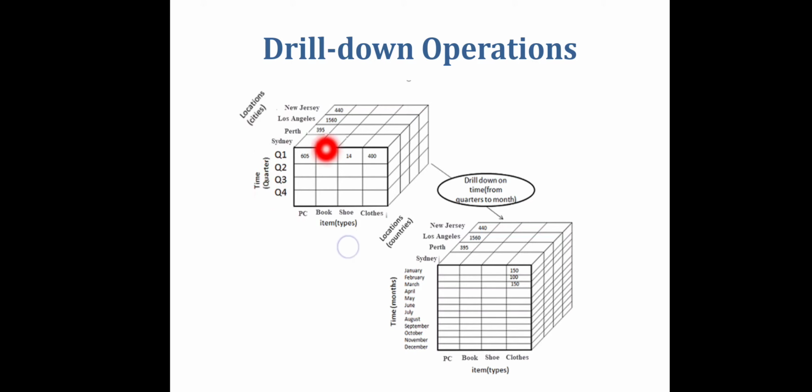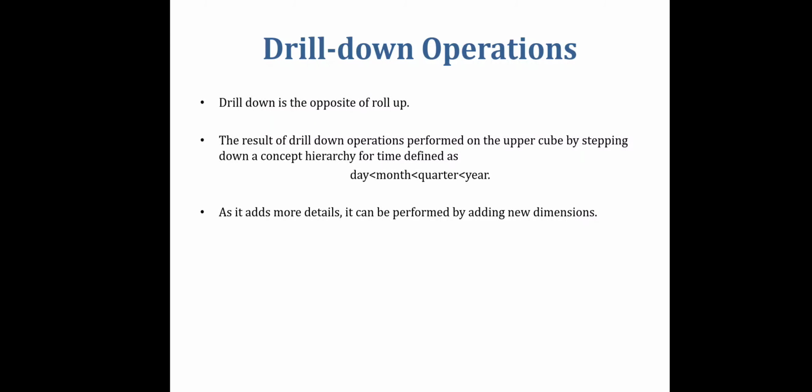So, we are representing it in the form of quarter. Now, we are going to represent this in the form of month, means what? We are stepping down from quarter to month. So, we can see here in drill down, first in the basic cube we have the quarter, right? But from quarter now we are moving towards month, means we are stepping down this concept hierarchy. So, how are we representing this quarter into months?